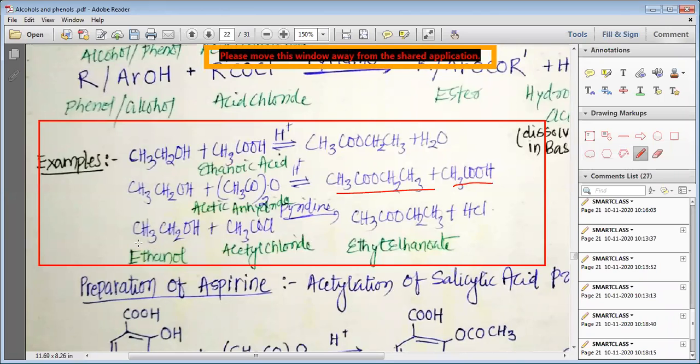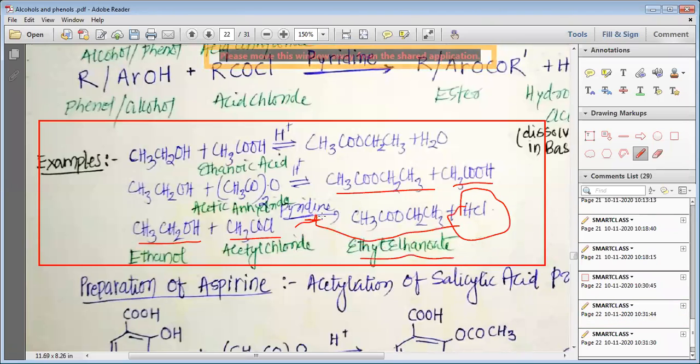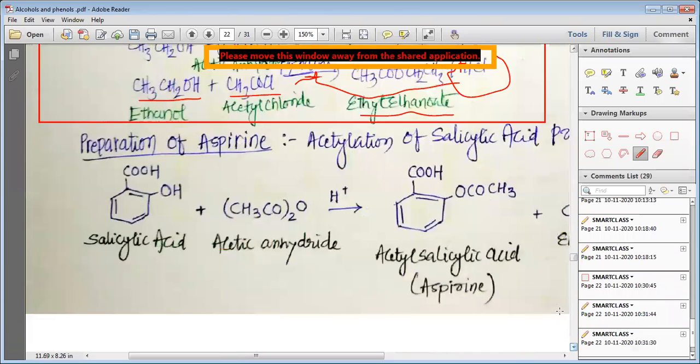Same way, when ethanol reacts with acetyl chloride, CH3COCl, in the presence of pyridine, it again gives us ethyl ethanoate and hydrochloric acid is produced, which can be easily removed by the base pyridine. So this is how, my dear students, we truly understand the various examples of esterification.